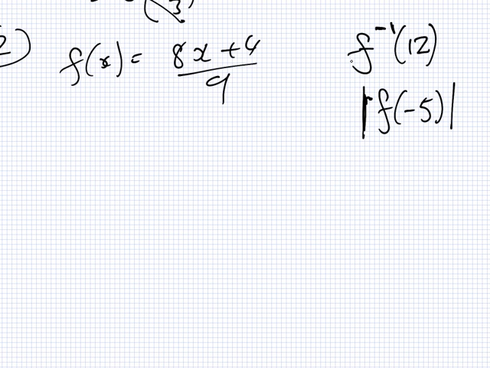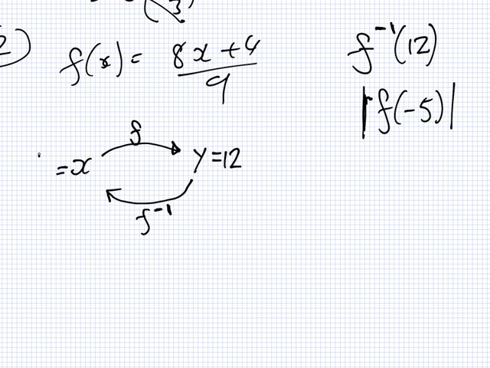So if you think about it like this, you have your x, and the f takes you to a y, and then the f inverse takes you back. So what they're saying is calculate the inverse of 12. In other words, if you're finishing with 12, what was the x at the beginning?